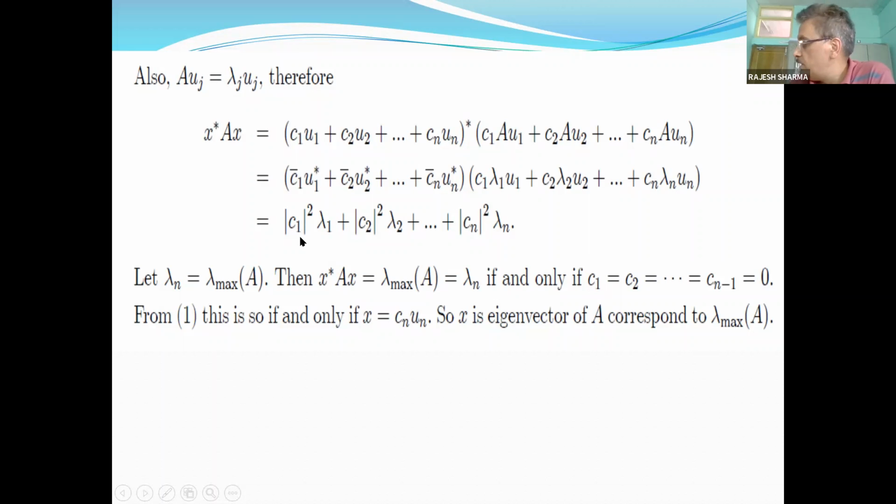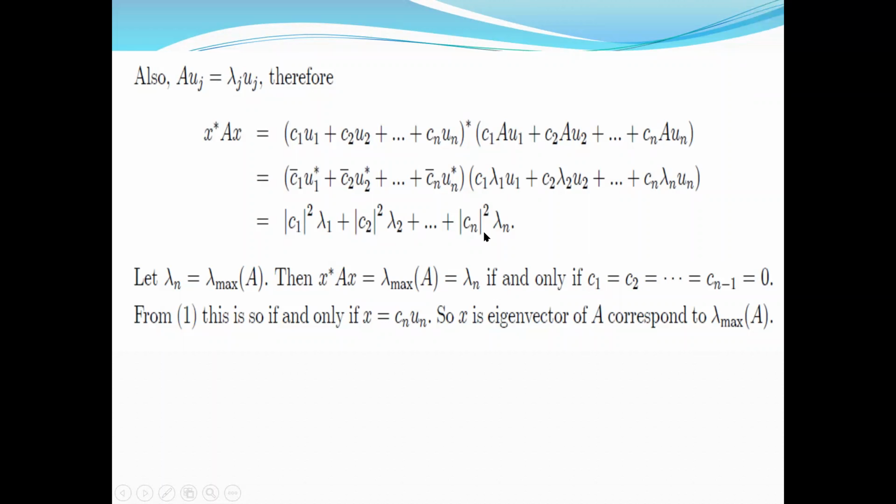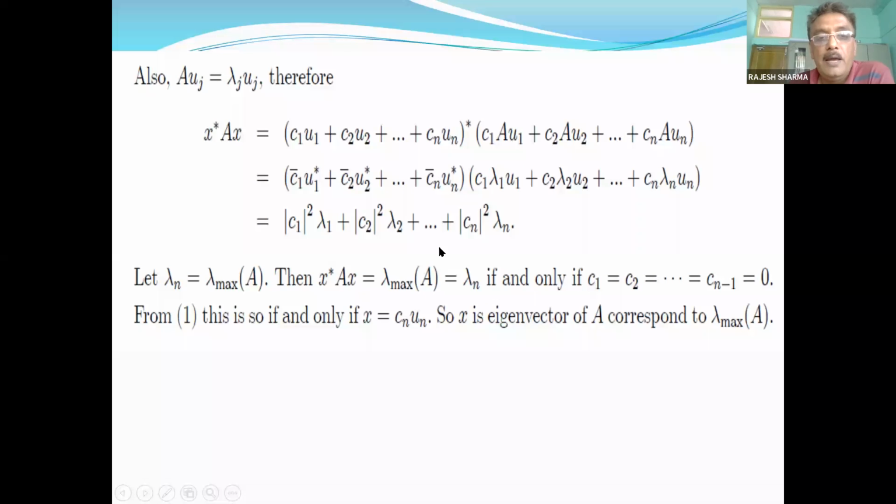So this is mod C1 square lambda 1 plus mod C2 square lambda 2 up to mod Cn square lambda n. Now use this last exercise. What we are saying: if this expression is equal to the largest eigenvalue, say lambda maximum, which we take to be lambda n, then by this last exercise, C1, C2 up to Cn minus 1 are all 0.